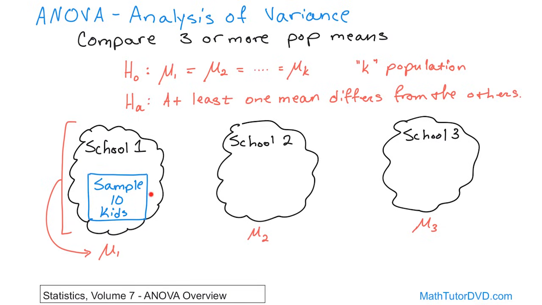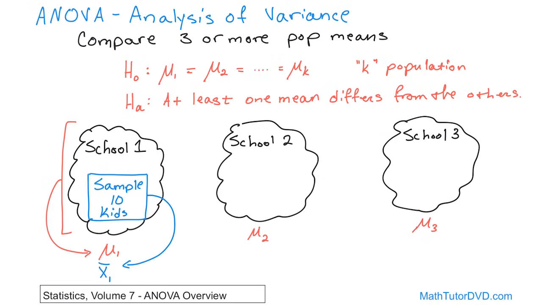So really I just take 10 kids, a representative sample from that population, I put them in a room and I give them a test. And I take all 10 scores and I average those 10 scores. What I get from this calculation is something called the sample mean of population 1. That's the symbol here. When you see X bar, that means a sample.